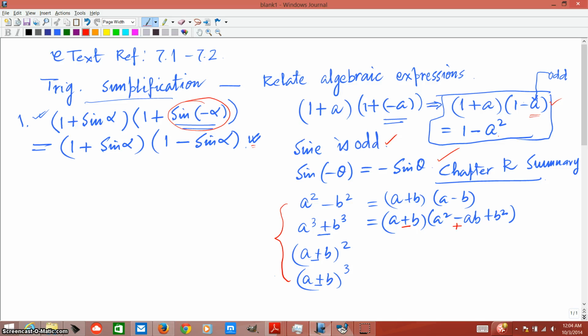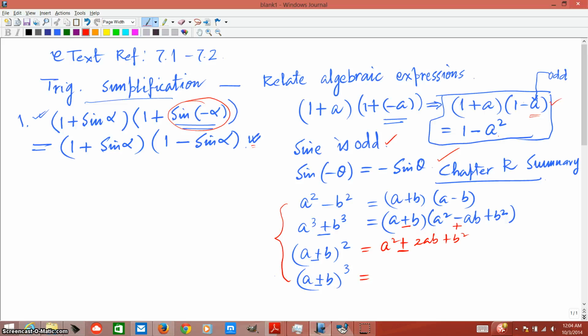So all terms in the second factor will be positive, but in the first factor it will be a minus b. So keep in mind the sign changes. And a plus b whole square, that's one of the easy ones. It can be written as a square plus 2ab plus b square, and if it's negative, then only the middle term will change.